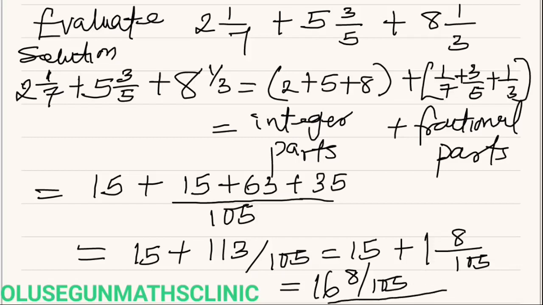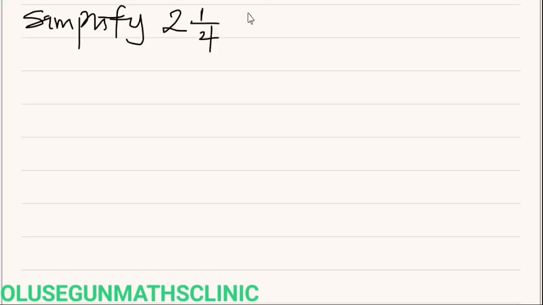Let's also have another meaningful example. Simplify 2 whole number 1 over 4 plus 1 whole number 1 over 2 plus 2 whole number 1 over 4 plus 1 whole number 1 over 2.